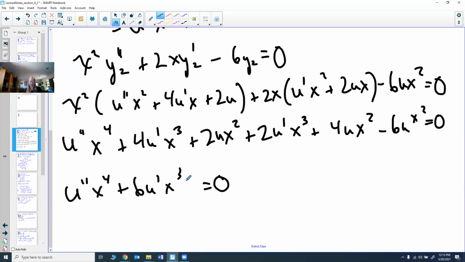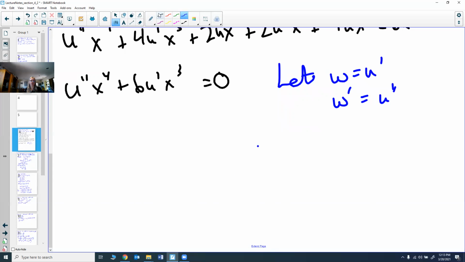Because this always happens, now you can let, and again, you can call it anything you want, but let's let w equal u prime, which means w prime is u double prime. So we now do some substitution here.